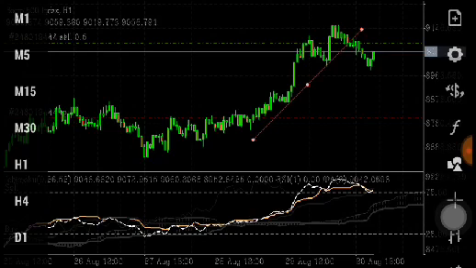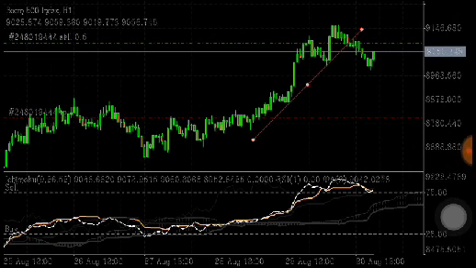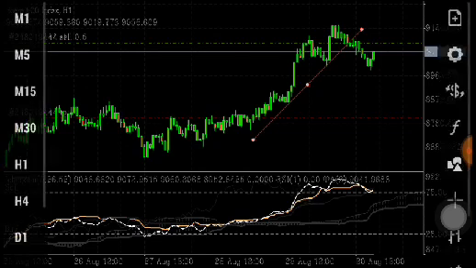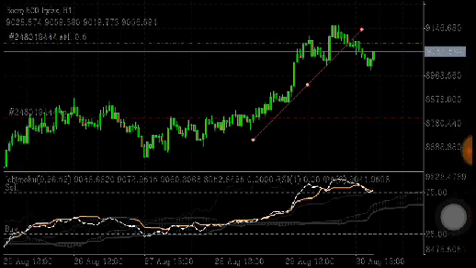The main thing about this strategy is to look out for a place where this white line crosses the Tenkan-sen line to the downside, and everything happens in this overbought region, above 75, then you'll be looking forward to sell.